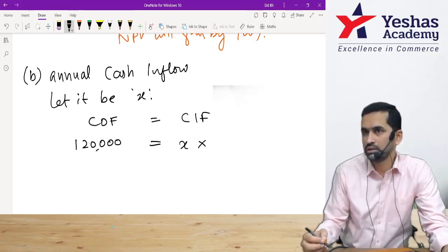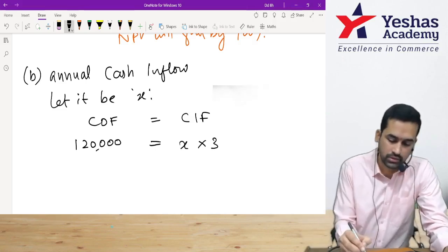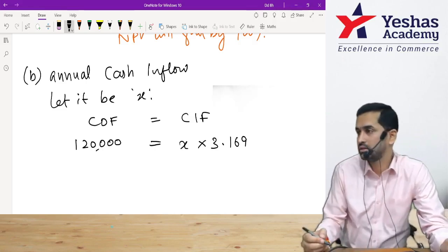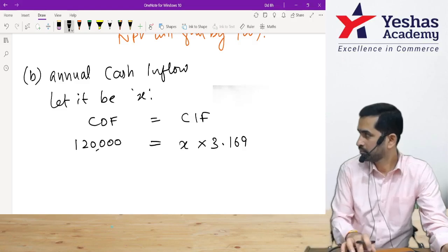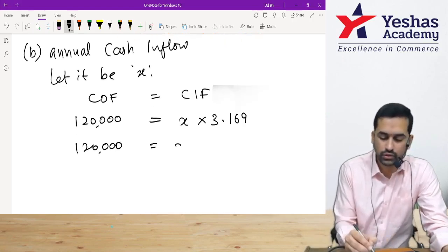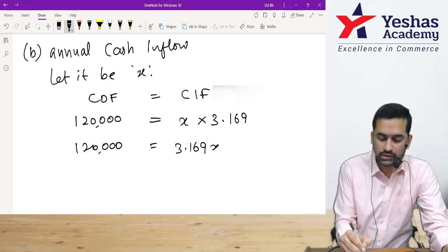Correct? But this is not 1 year income. This will come 4 times, 3.169. 1,20,000 should be equal to 3.169x.